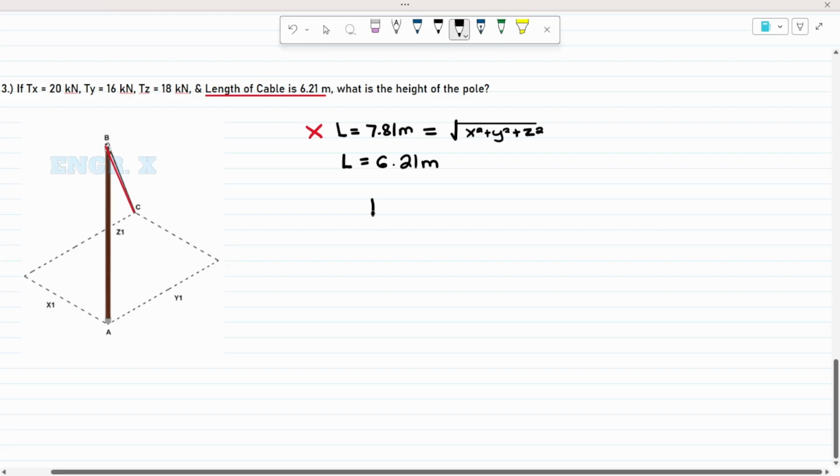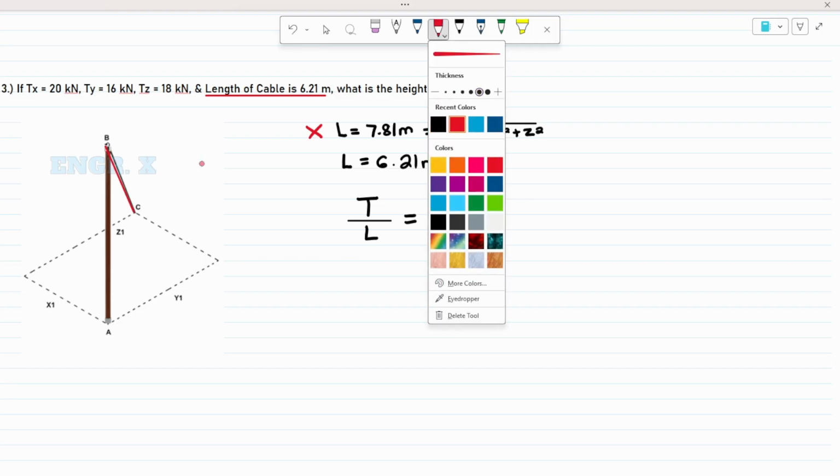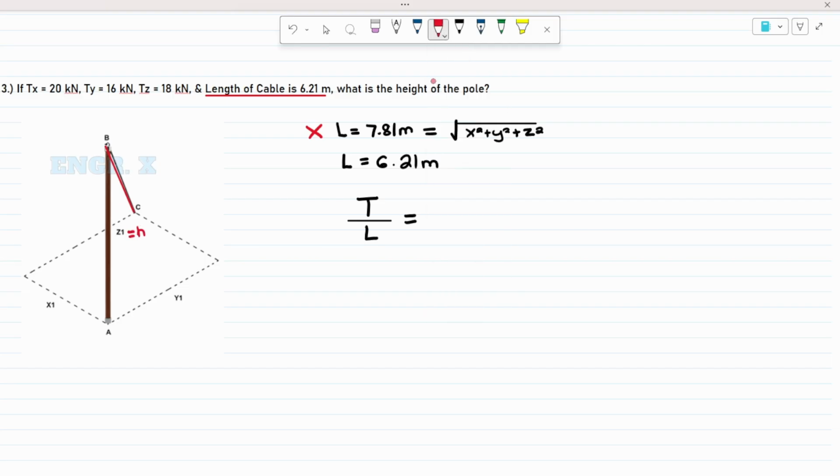So, T, or the resultant of the tensile forces, all over L is equal to ano yung component ng cable or ng tensile force along the height ng pole. That is your TZ. Diba? Etong Z1, this is equal to the height of the pole.